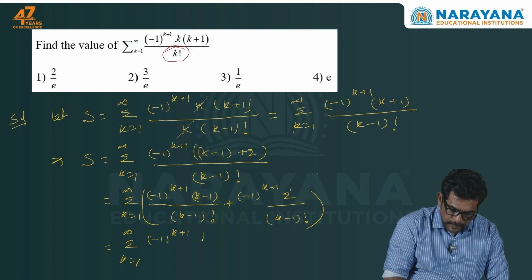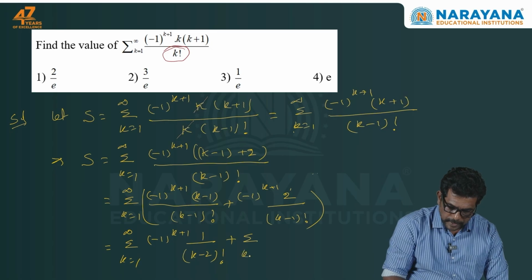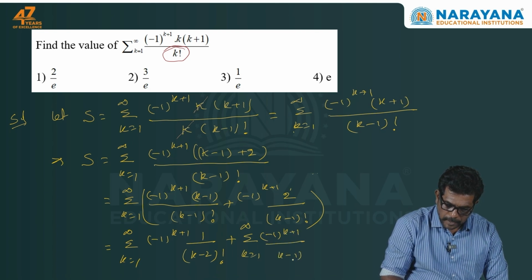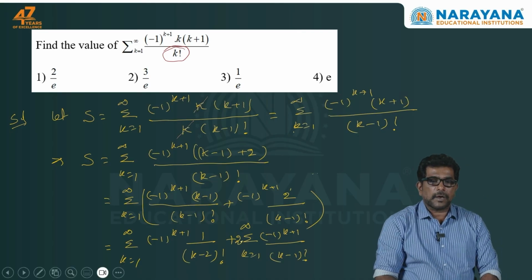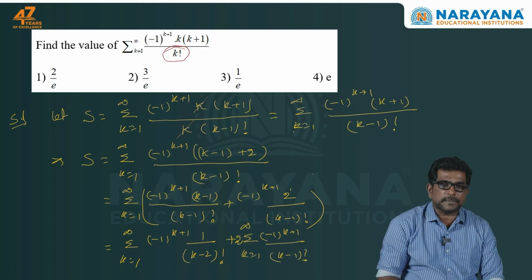That is, this becomes 1 by (k minus 2) factorial, plus summation k is equal to 1 to infinity (minus 1) whole to the power of k plus 1 by (k minus 1) factorial into 2, I am writing separately. Now it is the sum of two exponential series.